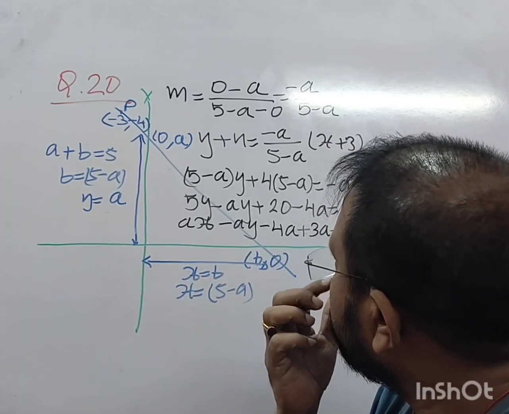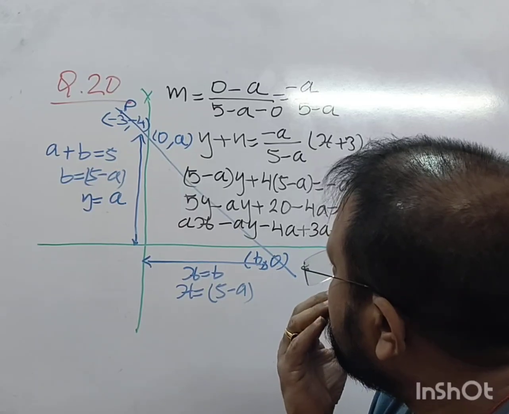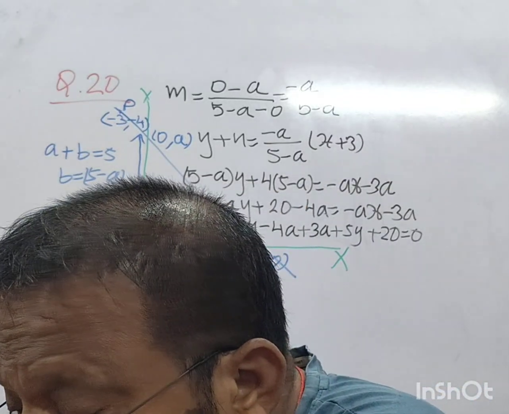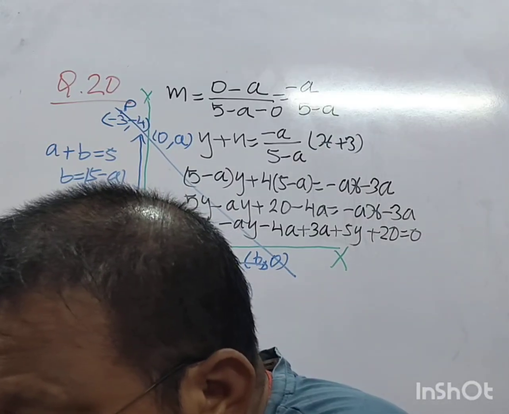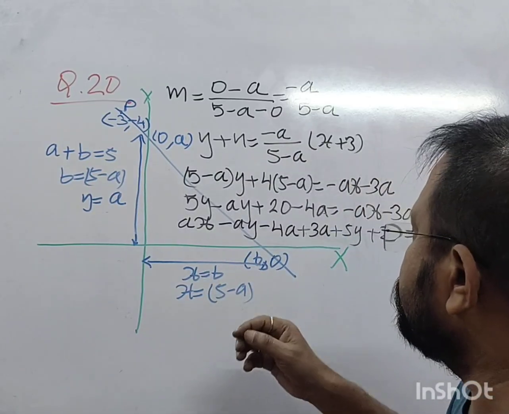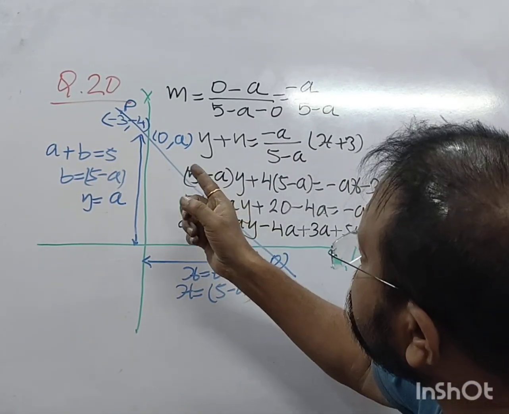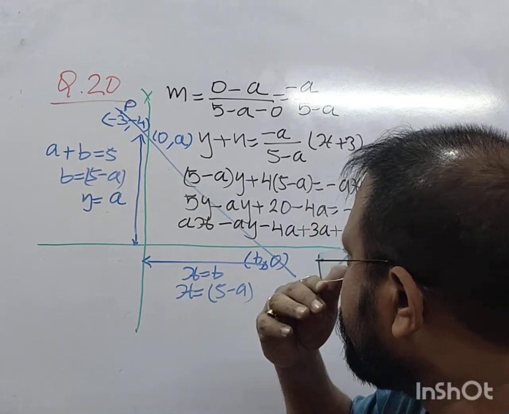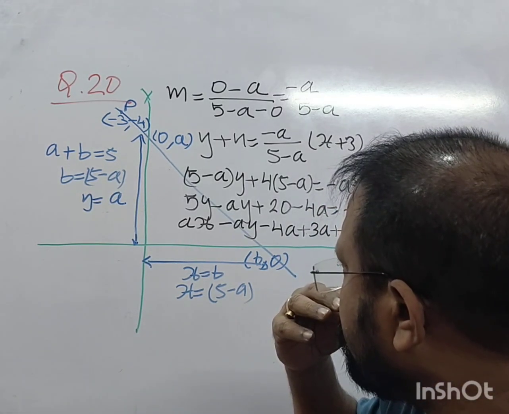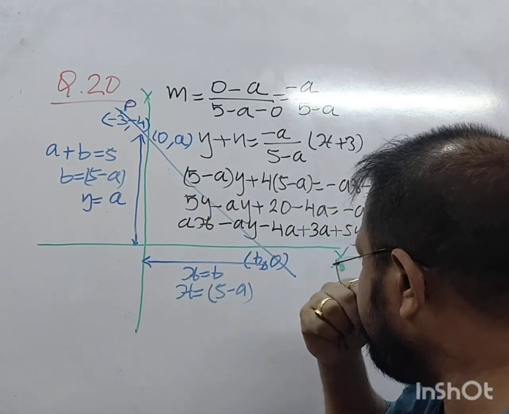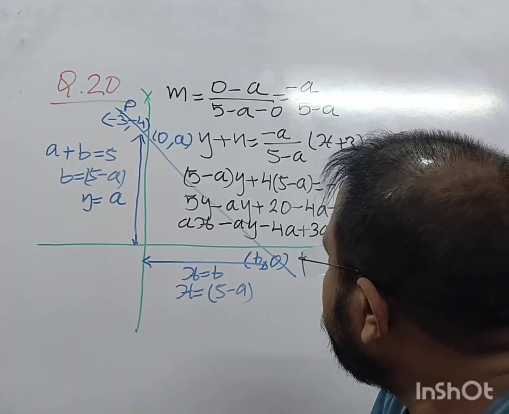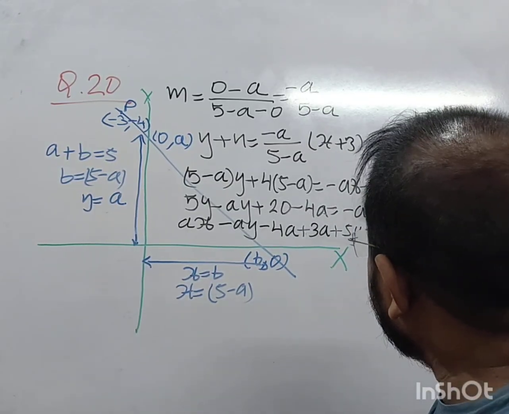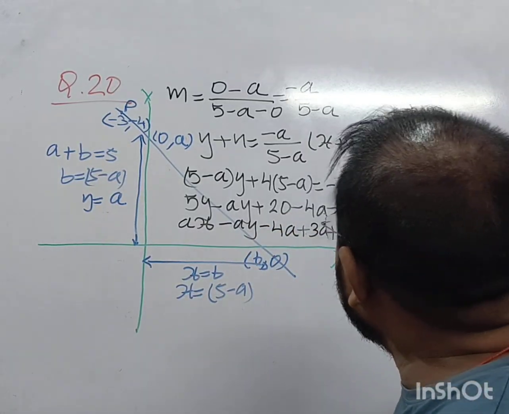That is correct, 0 minus A. If we interchange the positions, it is going to be complicated, and we are not coming to an end.